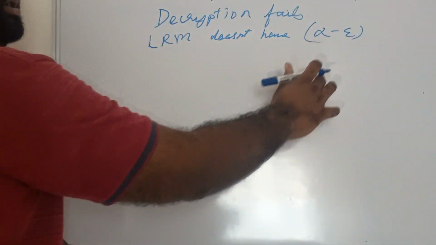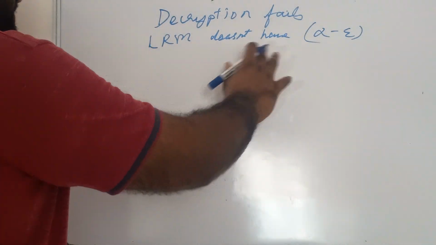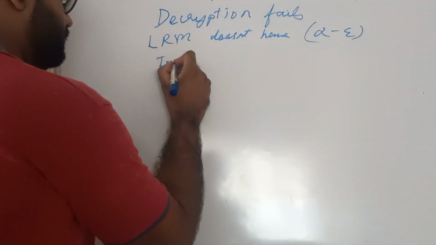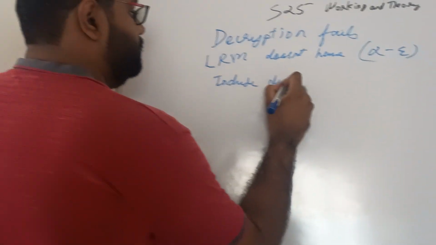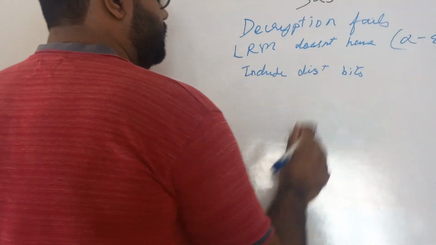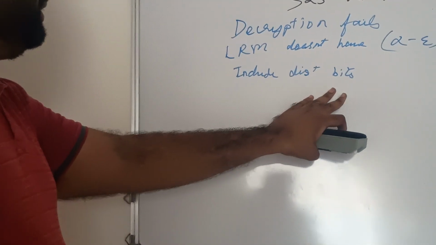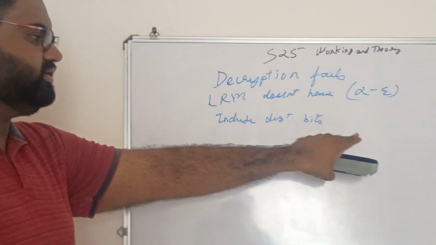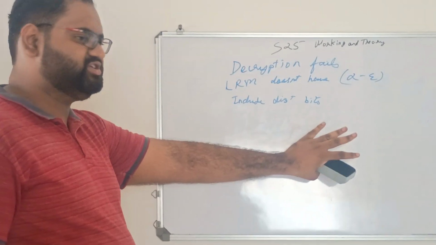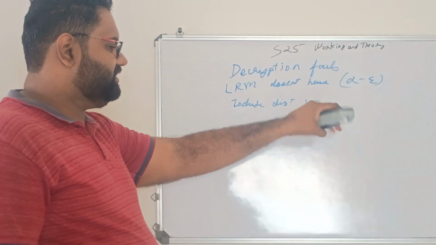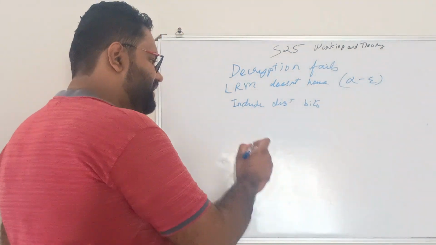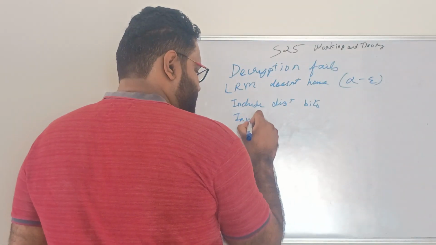So alpha minus epsilon is the restriction, and I cannot freely manipulate. Another way is to include a distance bit. When I include distance bits, not only am I increasing the security, I'm also reducing the receiver space while maintaining the amplification in the attacker space. So this is one of the ways, and the other way is to invert the problem.